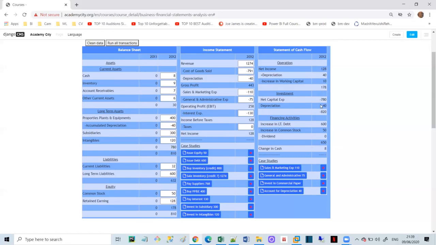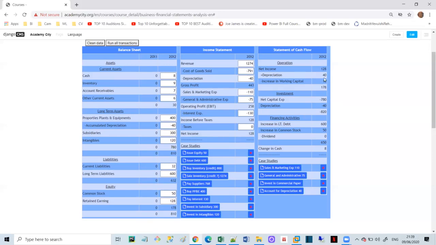Okay? At the same time, I didn't sell any equipment. So although from the accounting point of view I see here 780, the truth of the matter is I didn't spend the 40.